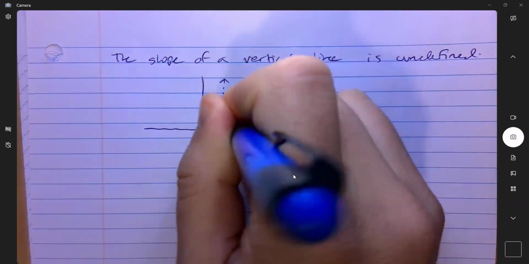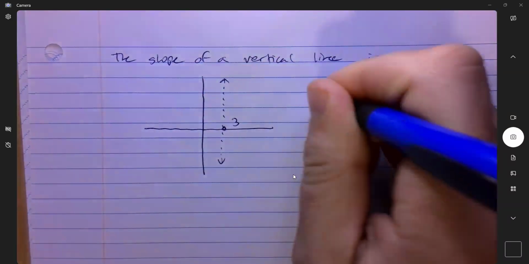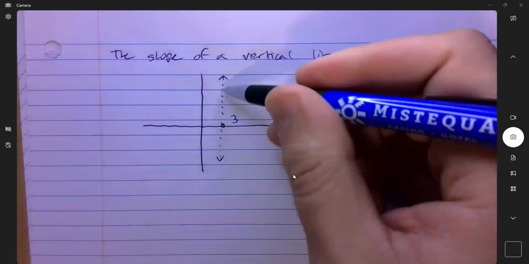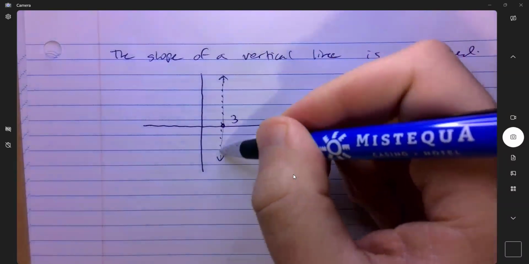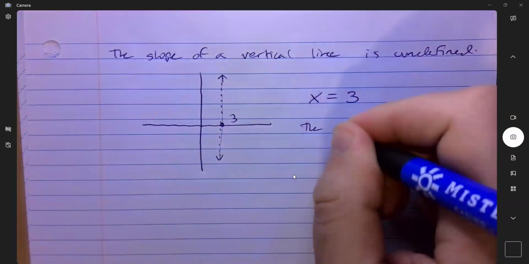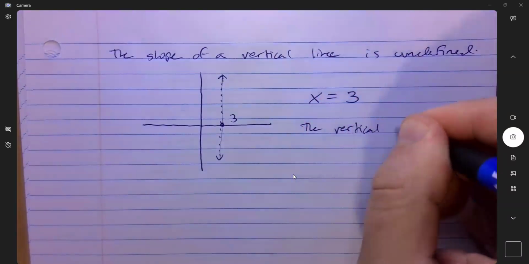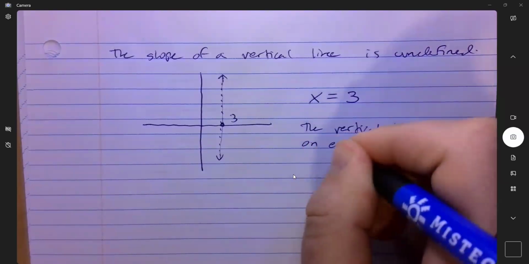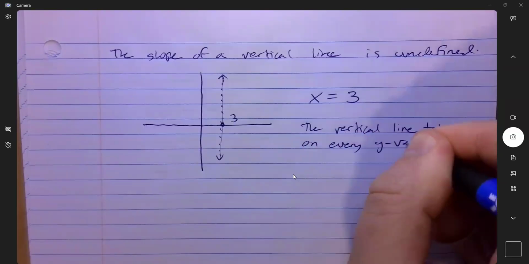Let's say that point right there is 3. My formula is x equals 3. But notice this vertical line takes on every y value.